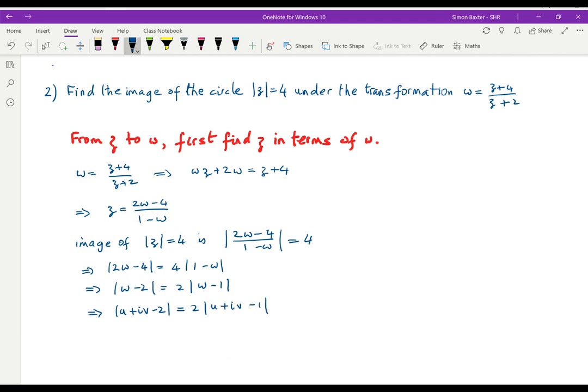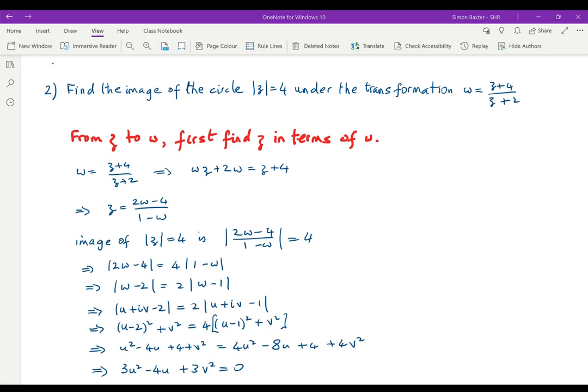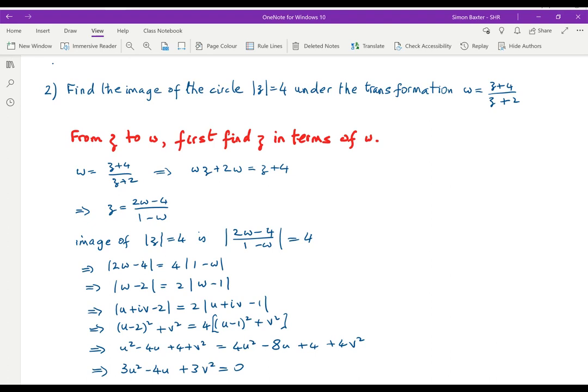And continue from there. Well, I've done this for you, and you can see that putting in the u and the v, we get, squaring both sides, (u minus 2) squared plus v squared, square the 4, easy to forget to do that, (u minus 1) squared plus v squared.